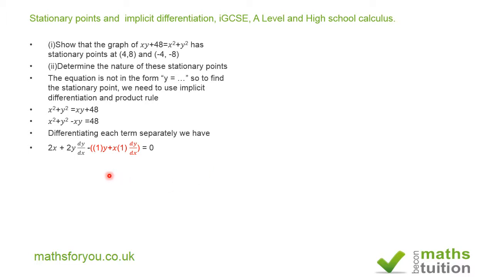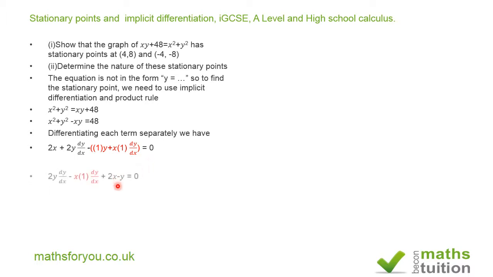And the product rule applies. We have 1 times y, which is differentiating x, plus x times 1 times dy/dx. So the bit in red is differentiating xy. And of course, when you differentiate a constant, we have 0.